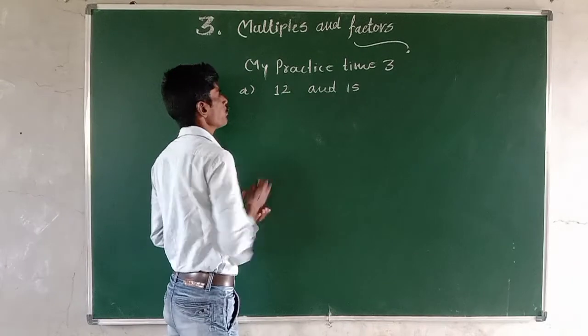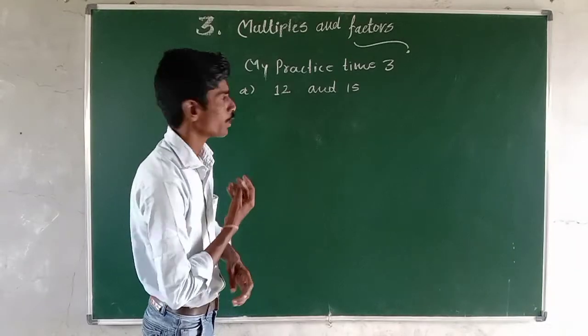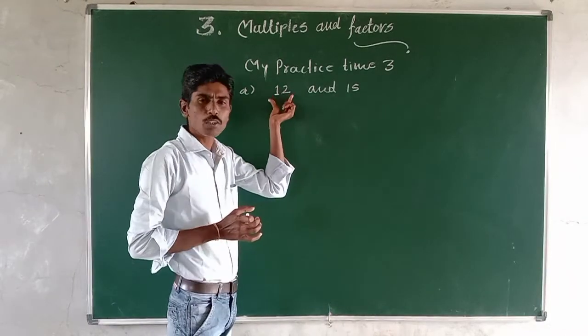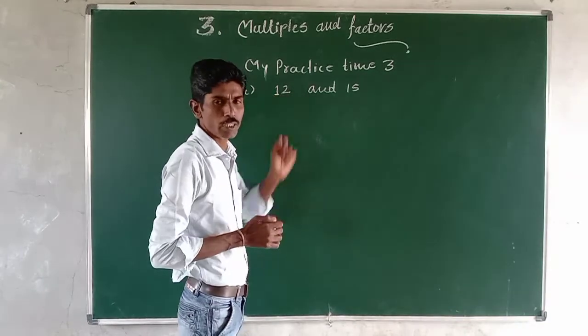You know how to find the multiples of any number, meaning the numbers which come in that particular table. The numbers which come in the 12 table are the multiples of 12.